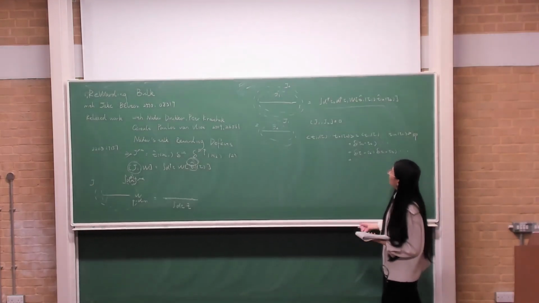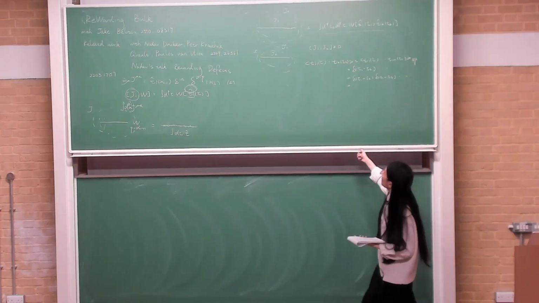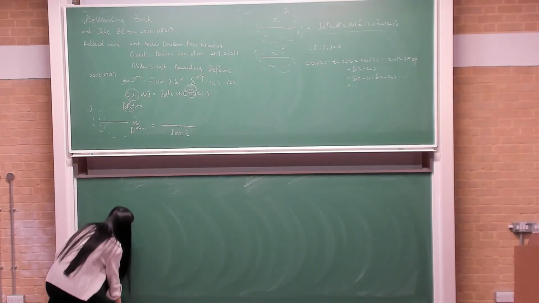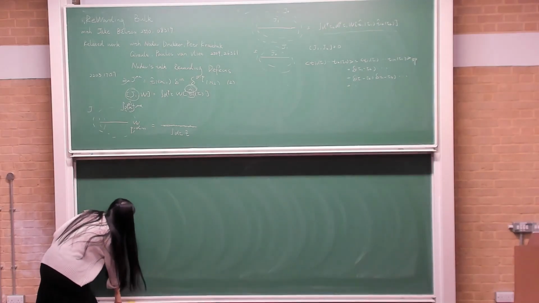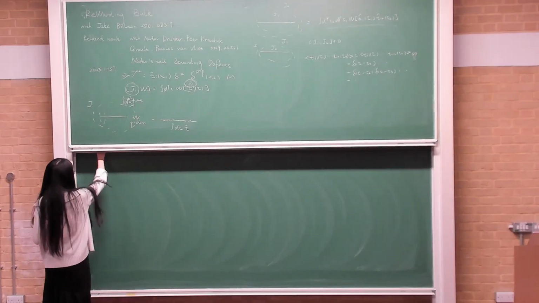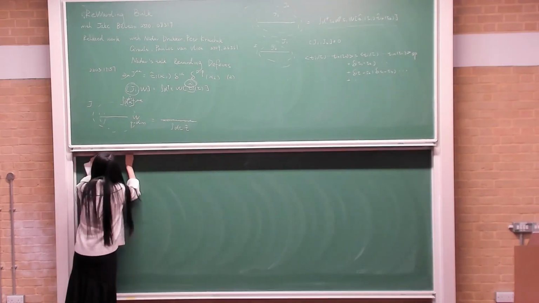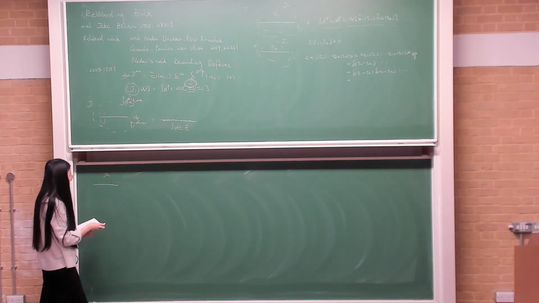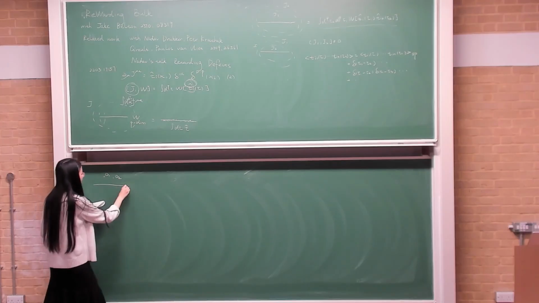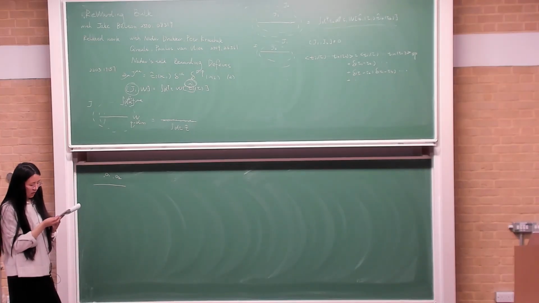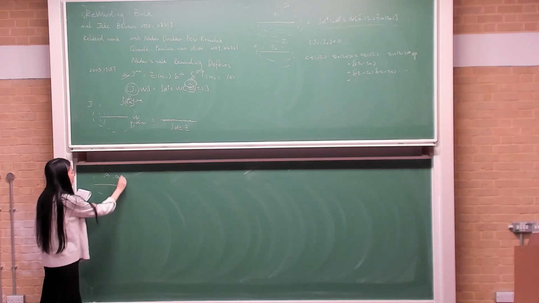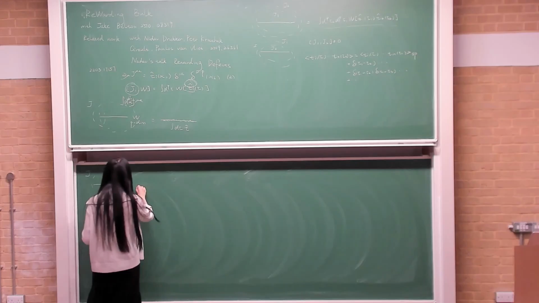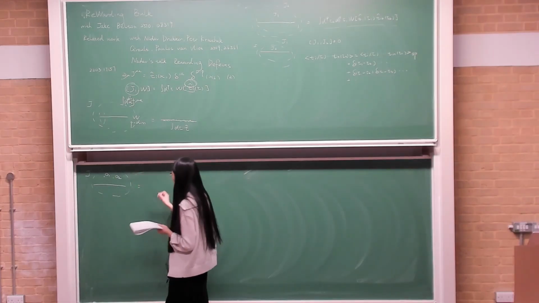I will use another blackboard, because now I want to go to the case with the bulk operators. So let's say now in my theory, I have not only the defect, but also a bulk operator, not one. Let me draw two. I again want some charge acting on the whole system. So it will separate into two parts.